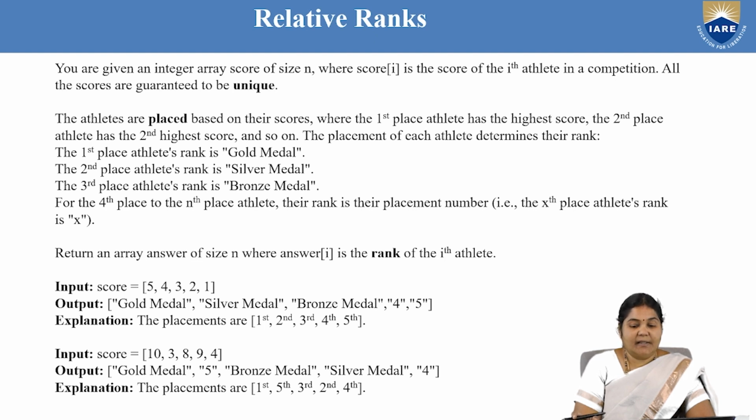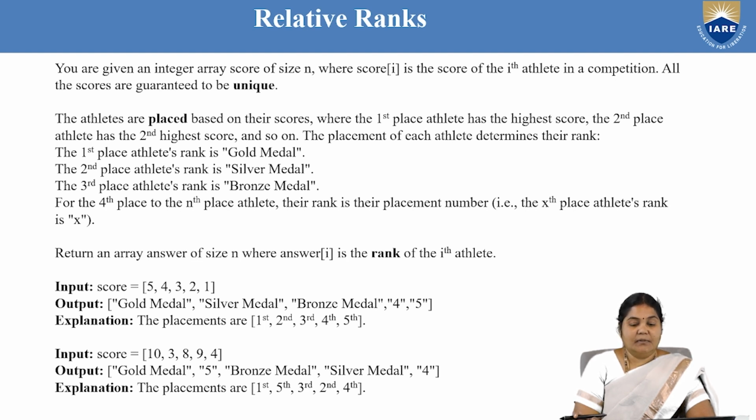If an athlete has got fourth place, then you should write the string fourth, then string fifth, and string sixth, and so on up to nth place. So the question is to return an array answer of size n where answer[i] is the rank of the ith athlete.